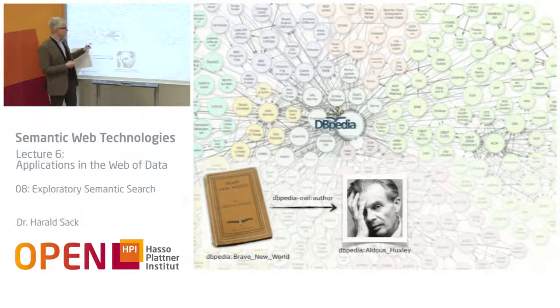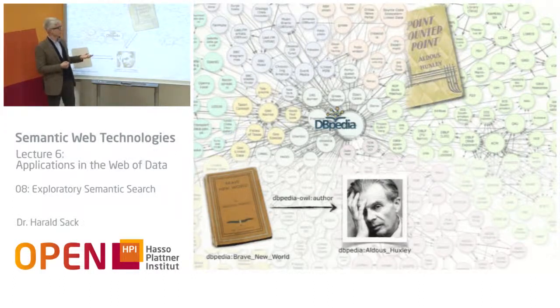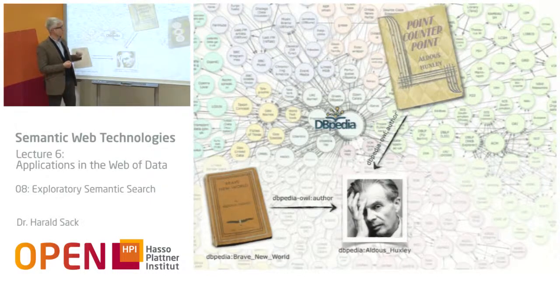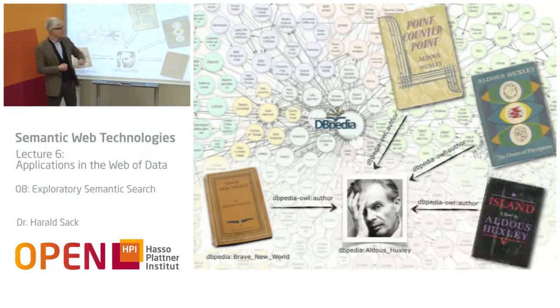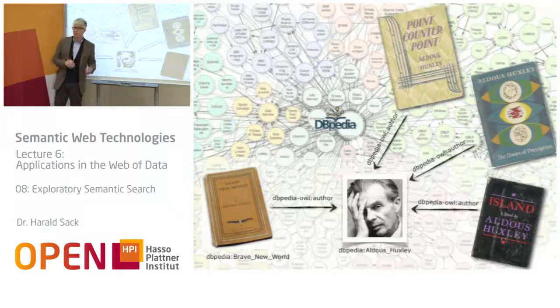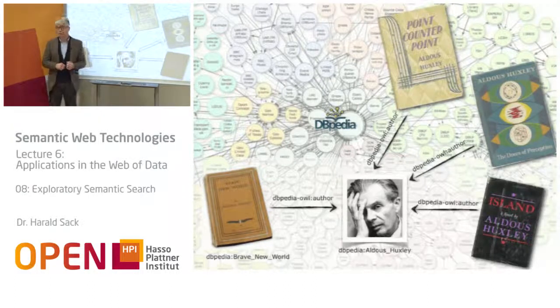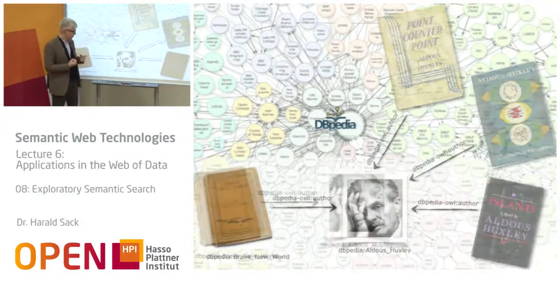It means we can find other works that have been written by Aldous Huxley, like Point Counter Point, or for example here, The Doors of Perception or Islands, other novels of Aldous Huxley. But this is quite simple. Of course, this works in a library, and maybe you do not want to read other novels of the same author, or let's say these novels are not in the library anymore, somebody else has borrowed these books, so you have to come up with something else.